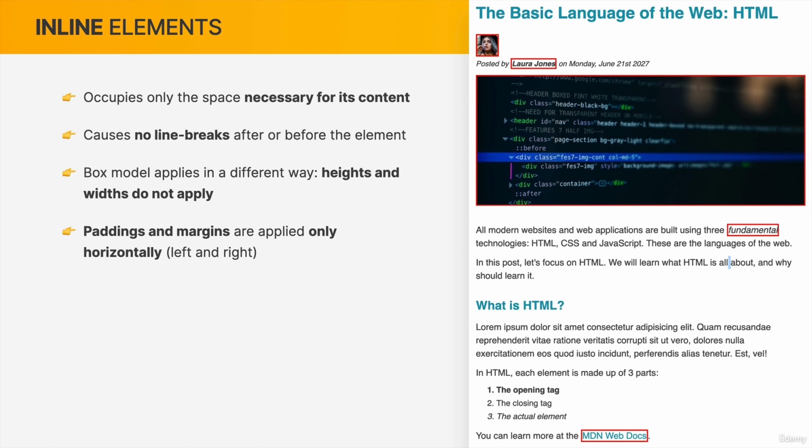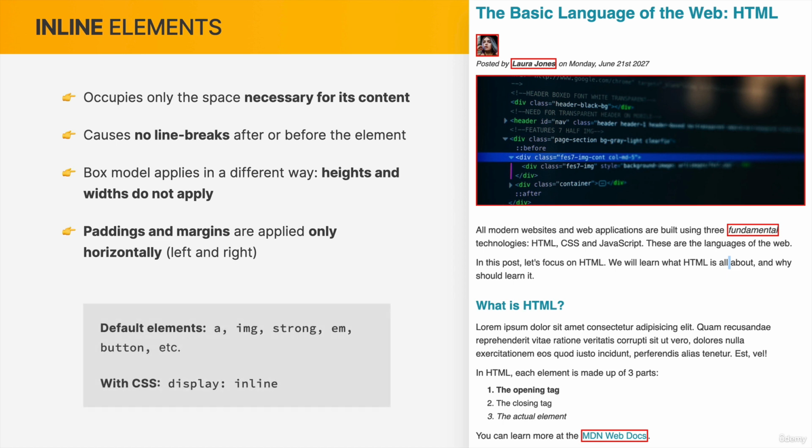And this fundamental difference about how the box model works for inline elements is extremely important to always keep in mind and to never forget, because this is a mistake that I see beginners make all the time, which is basically to not understand why certain properties of the box model do not work as expected when applied to inline elements. So take note of this, as it is very important to always keep in mind.